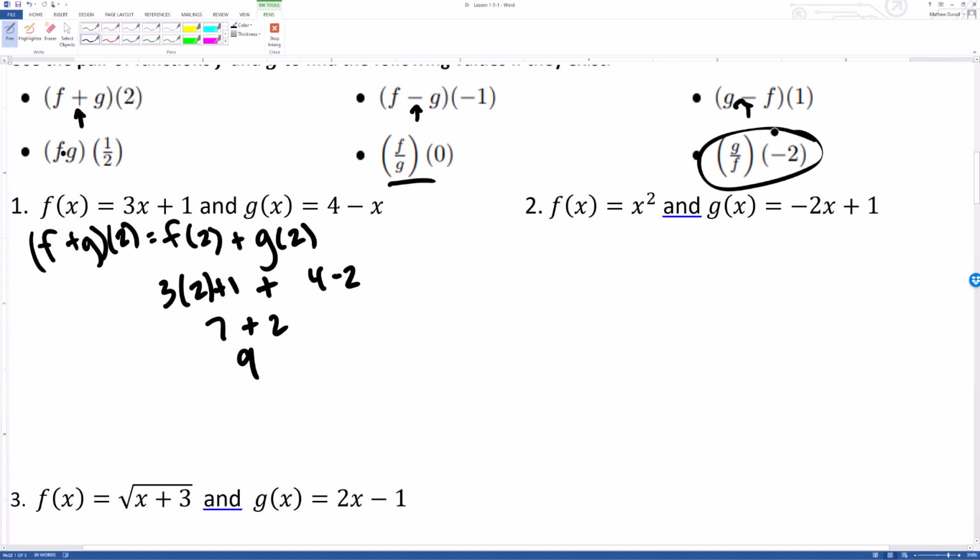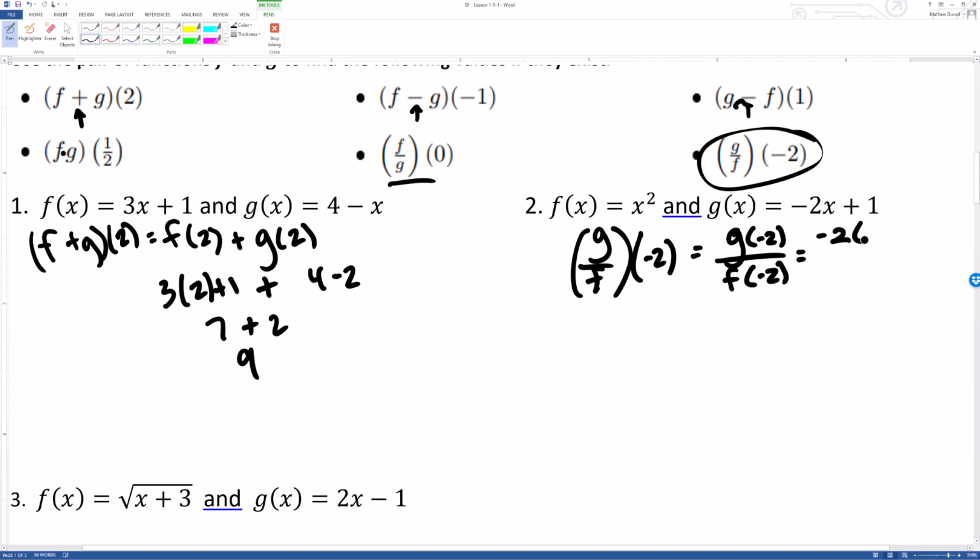divide. So g over f of negative 2. So g over f of negative 2 is g of negative 2 over f of negative 2, which means g with negative 2 plugged in over my f function with negative 2 plugged in.